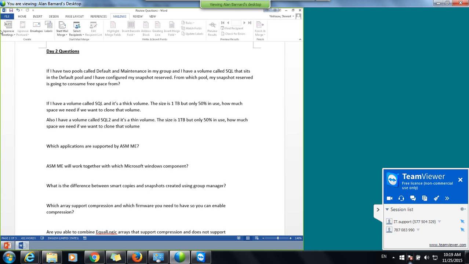Which applications are supported by ASM/ME? For ASM/ME to be able to create snapshots, or smart copies, as we call them, which application can ASM/ME work with?